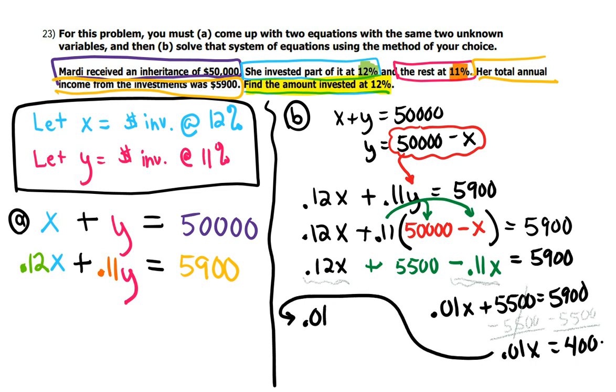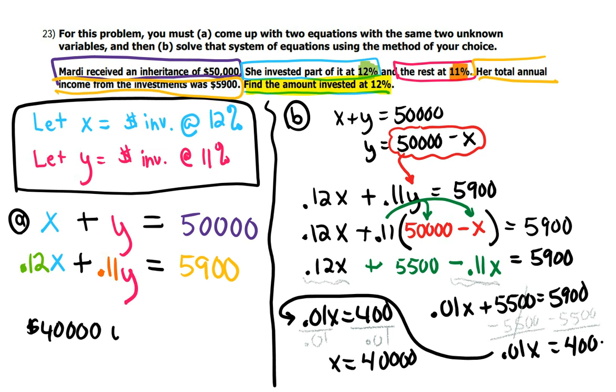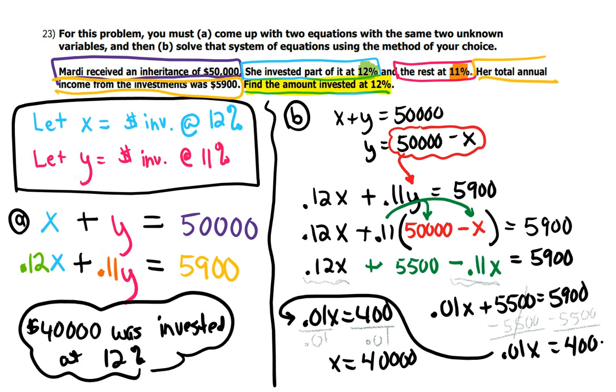So I would take the 0.01X equals 400 and divide both sides by 0.01. And there is my X, which is 40,000. So my answer is $40,000 was invested at 12%. And that's my answer to number 23.